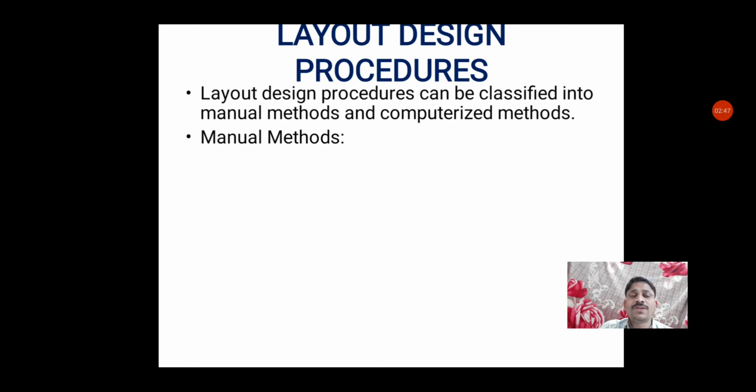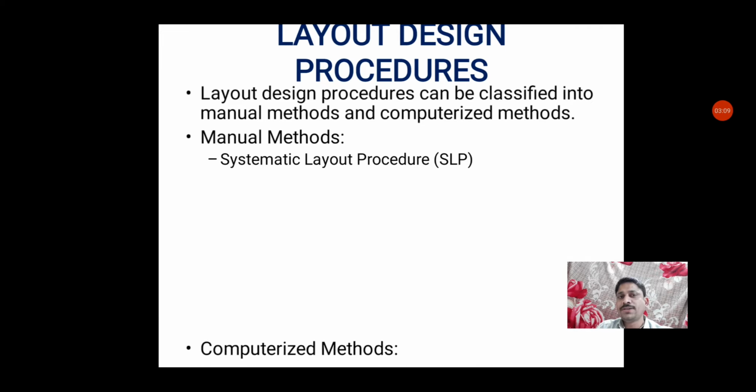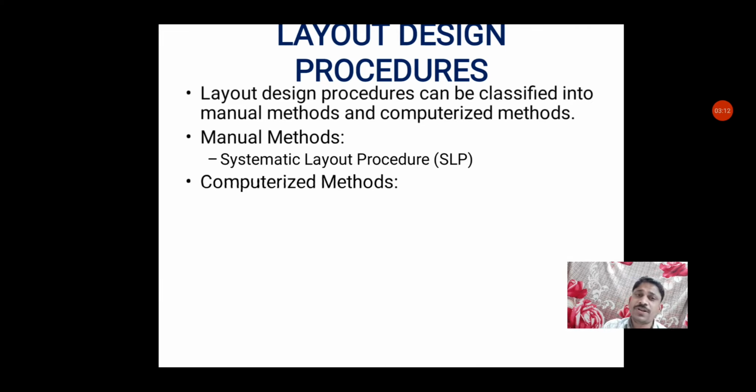In the manual methods, there is one type of layout design process, that is the systematic layout design procedure. This is what we are going to discuss in this class. Apart from this, there are the computerized methods, because there is only one manual method, the systematic layout design procedure.